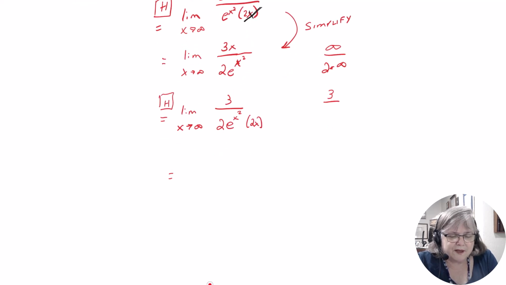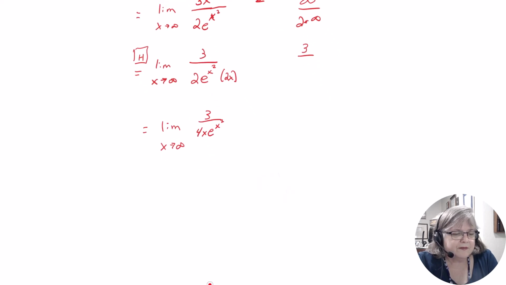So this turns out to be the limit as x goes to infinity of 3 over 4x e to the x squared. Okay, so I can't use L'Hopital's rule anymore. So I'm just going to have to figure this out. So this is some sort of a positive number.